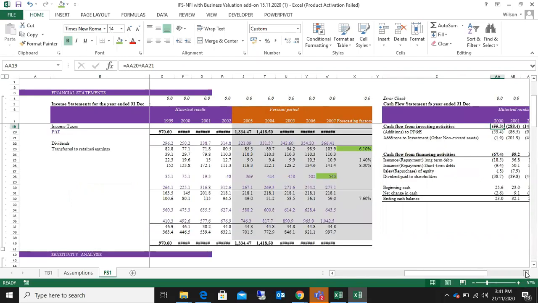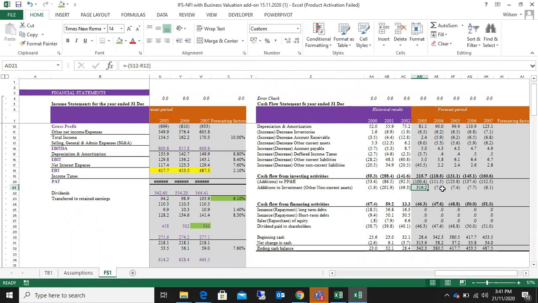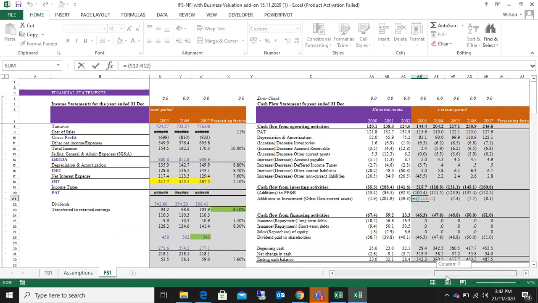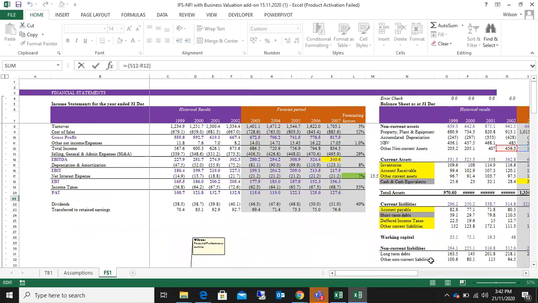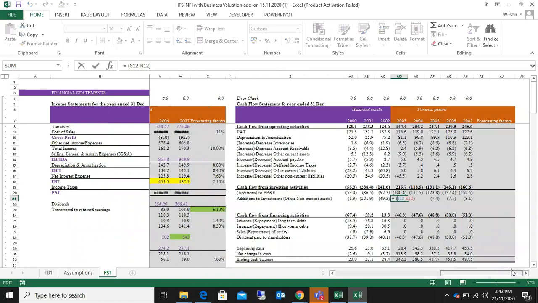So you look at our capex. Okay, so our capex is actually positive there. Let me see. Okay, so it's actually correct. There's no error.